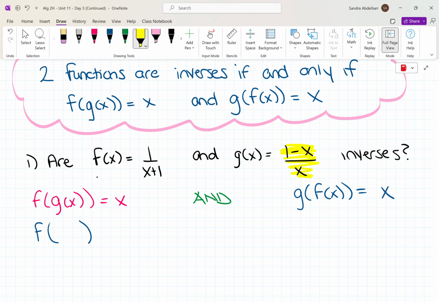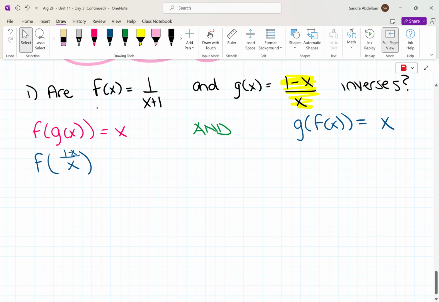All right, so for the first one, I have to show f of g of x is equal to x. So I'm finding f of, now g of x is 1 minus x over x. So now I'm finding f of 1 minus x over x. What does this mean? This means I'm going to f of x.